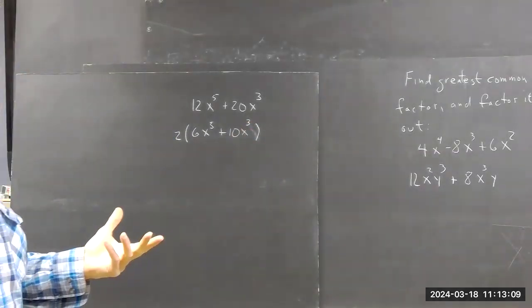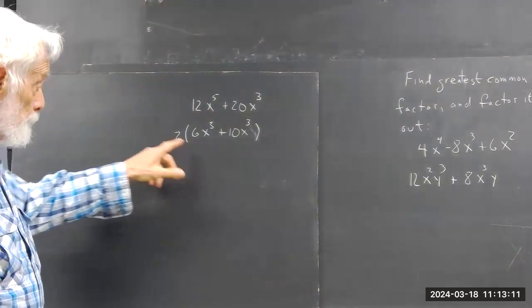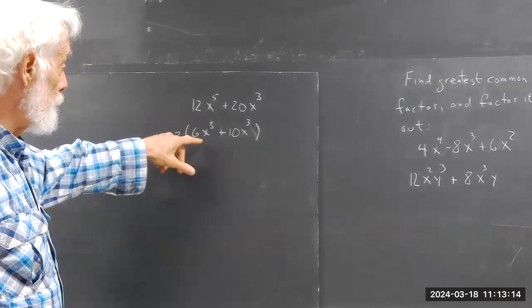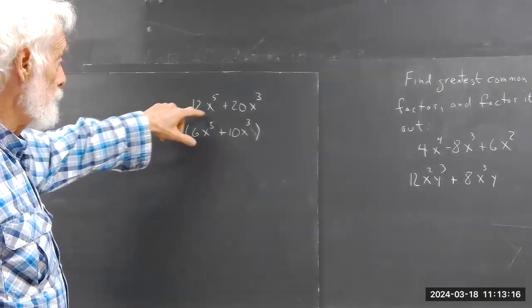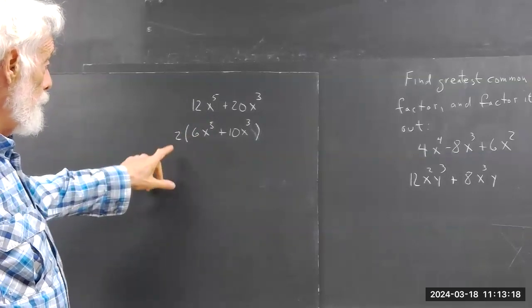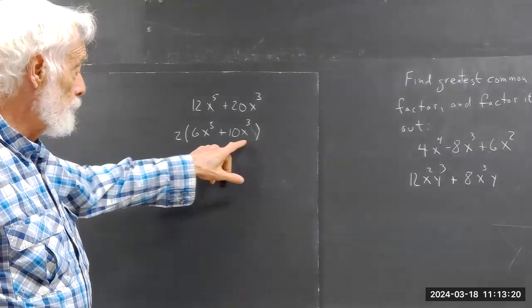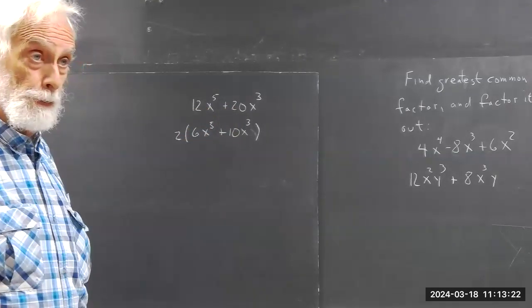Do we agree? If I multiply this through, 2 times 6 gives us 12. And since we have the x to the fifth, we're going to get 12x to the fifth. And 2 times 10x to the third is 20x to the third.